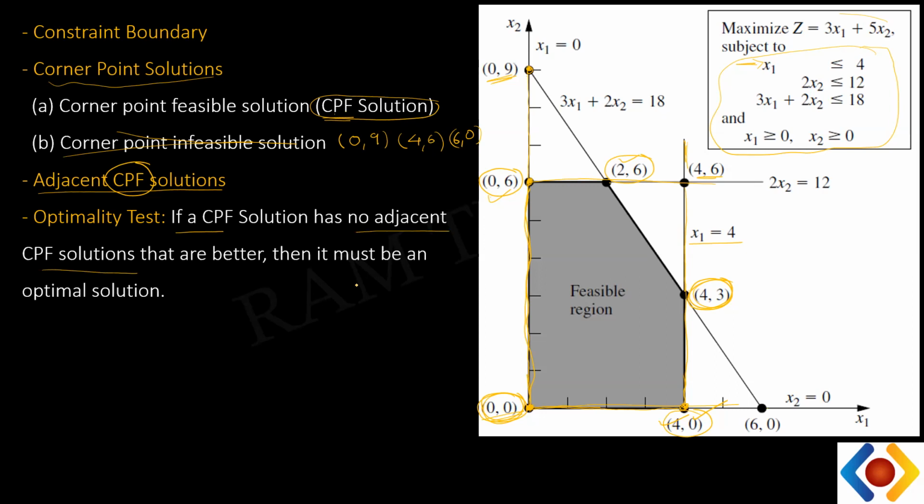Are you understanding this? I start evaluating the corner point feasible solutions, and when I do that, I evaluate the adjacent CPFs. If the adjacent CPFs are not better than this one, then this is the optimal solution. Okay, that's the optimality test.